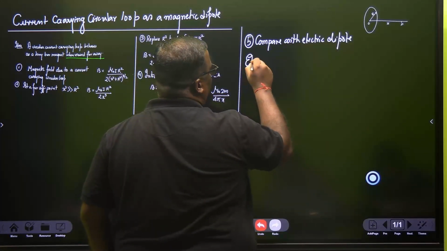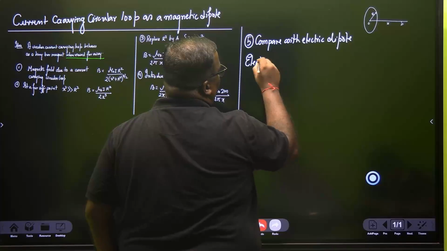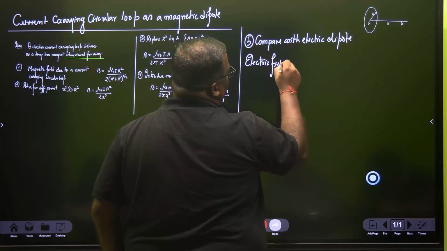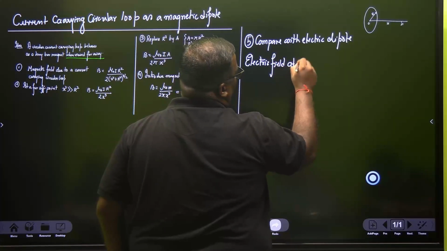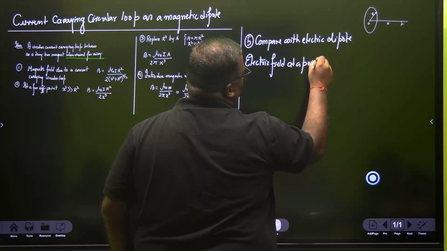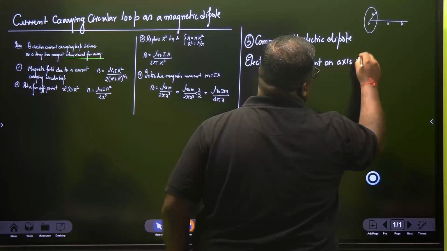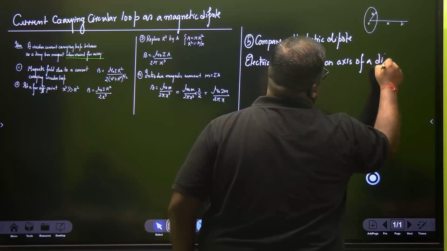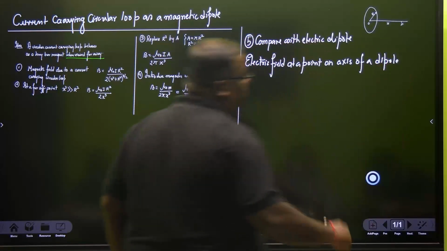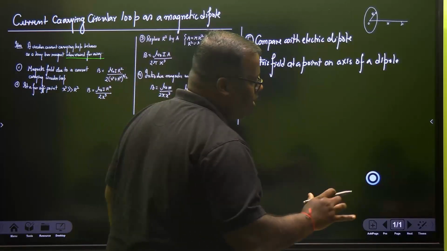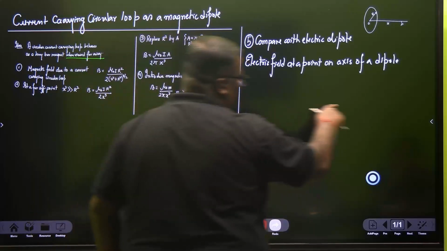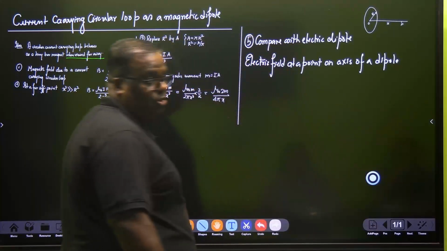Electric field at a point on the axis of a dipole. Do you remember the derivation? You had a dipole, and you found the field on the axis and on the equatorial plane.